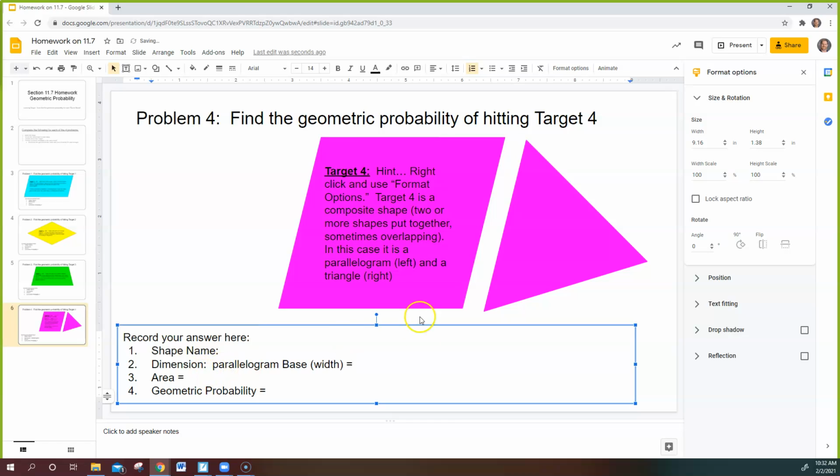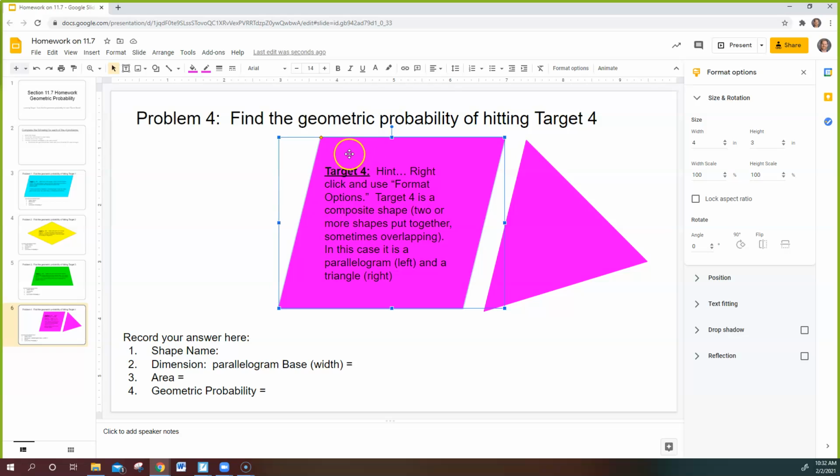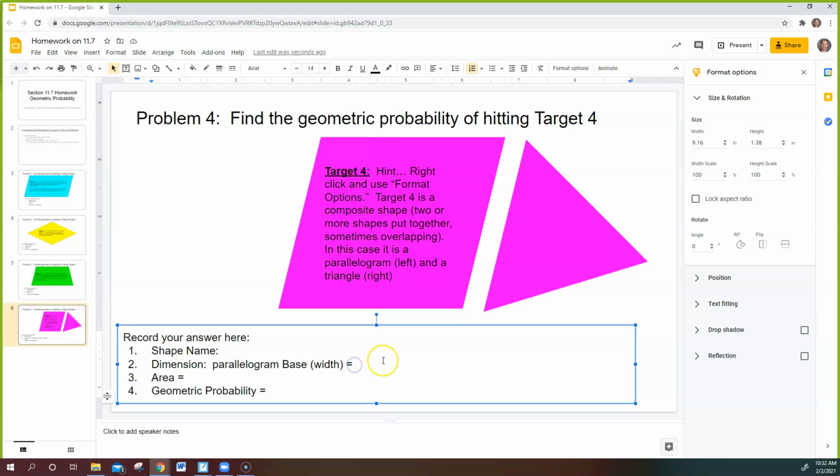Unfortunately, when I start typing, this width and height changes to the text box, so I have to go back up here. Notice when I click on that, under the format options, the width is 4, and the height is the distance between the bases, that's 3. So for dimensions, I would say the width was 4 inches and the height was 3 inches.